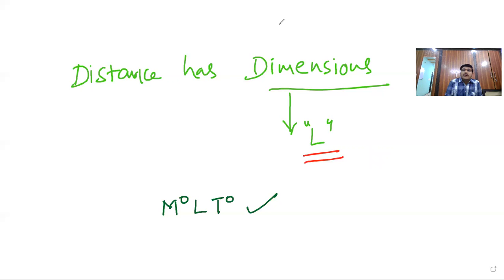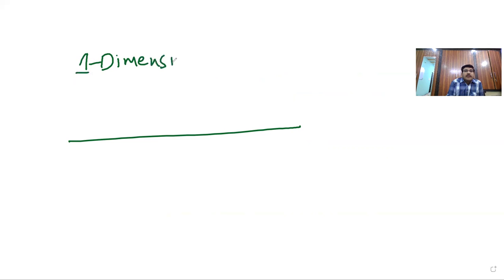Now, observe. Let us say this is one-dimensional motion. Clear? Let us say I'm taking a straight line.